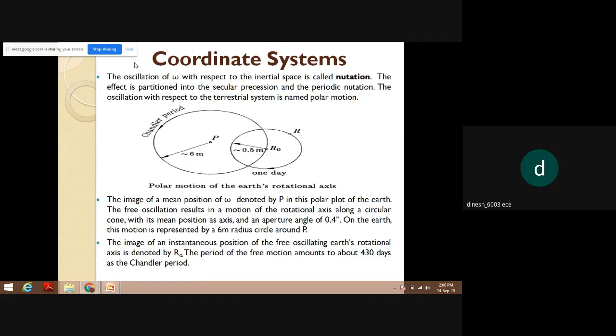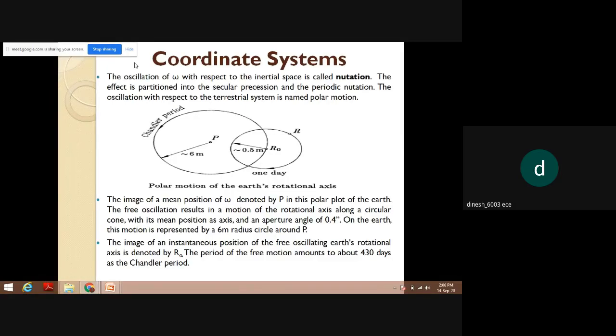In that there will be an oscillation of some period which we denote as omega. The oscillation of this omega with respect to an initial space we call nutation, which is partitioned into secular precession and periodic nutation.